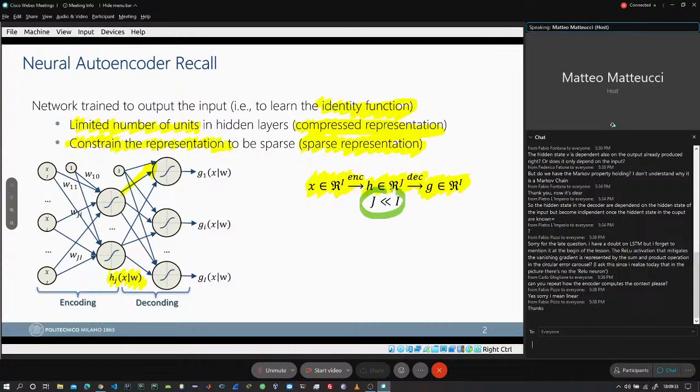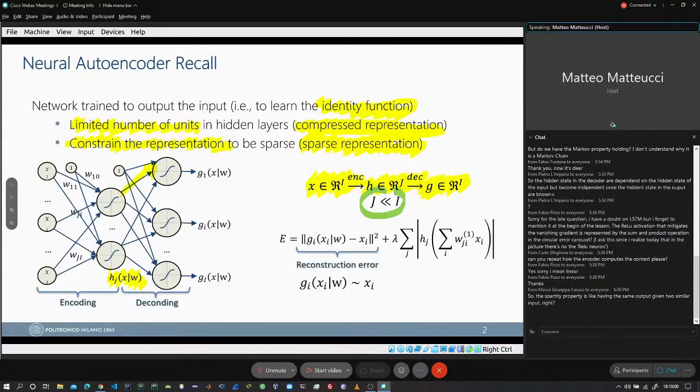So this is a property that you would like to have: you start from a high dimensionality space and you project your data into a new space which has a lower dimensionality. So this is what the autoencoder does. It takes the data in one space, maps the data into a hidden space, and then reconstructs the data.